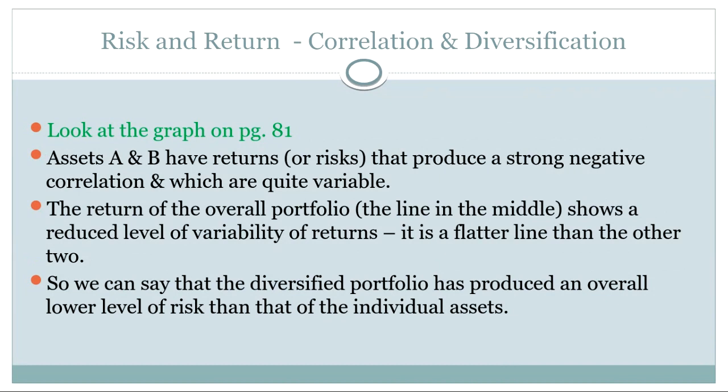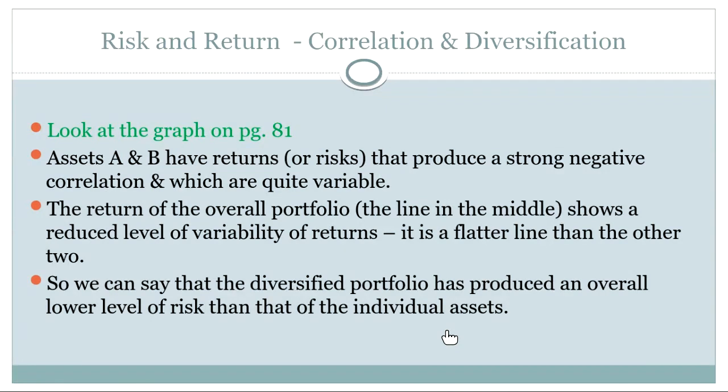So if we look at the graph on page 81, that is a graph of a diversified portfolio. So if we were to graph the assets that were in our control, we would want it to look something like that. Okay. We've got two assets, A and B, and we can see that when the one goes up, the other one goes down, and vice versa.